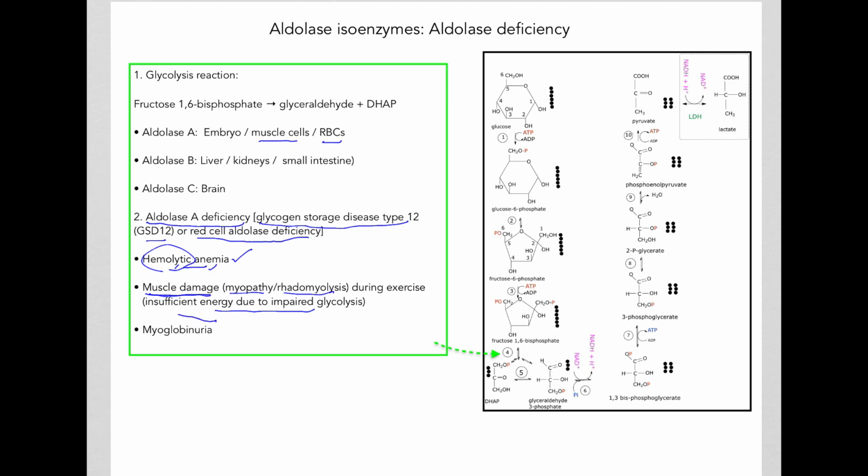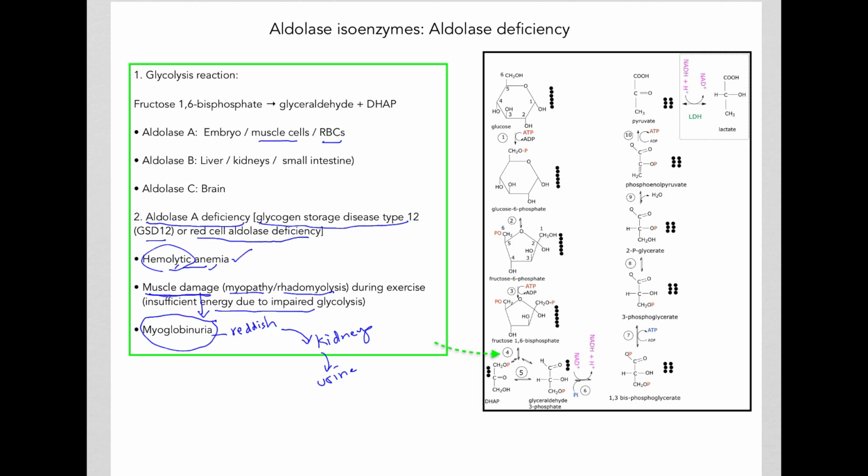Muscles are rich in myoglobin, and myoglobin, if you remember, is a heme protein, just like hemoglobin. It's sort of reddish in color, and myoglobin is quite small, so it gets readily filtered and excreted by the kidneys. And in this case, we can see the urine becoming slightly pinkish red because the myoglobin coming from the damaged muscle cells is being excreted into the urine.